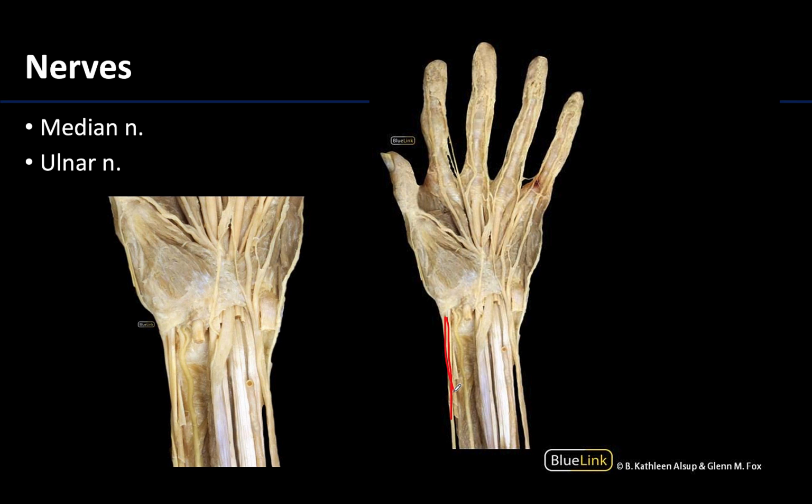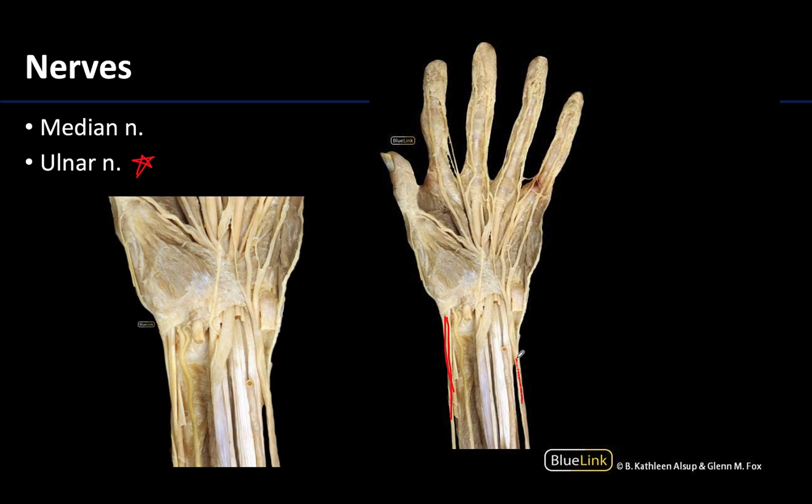And of the two, the ulnar nerve will be the dominant efferent or motor supply for muscles of the hand. So almost every intrinsic hand muscle except for the thenar compartment and a few lumbricals. And it will also certainly provide cutaneous or afferent innervation.